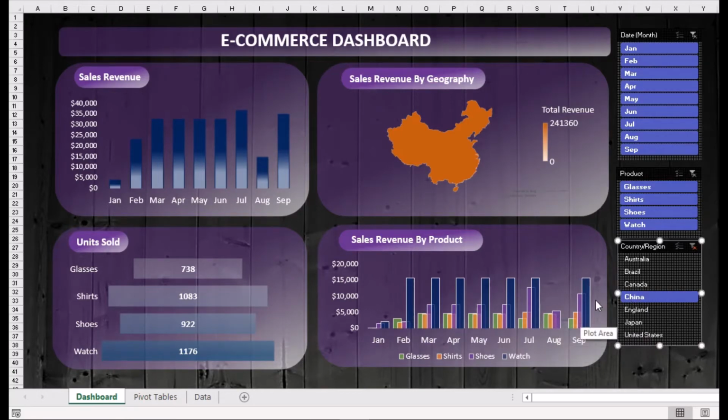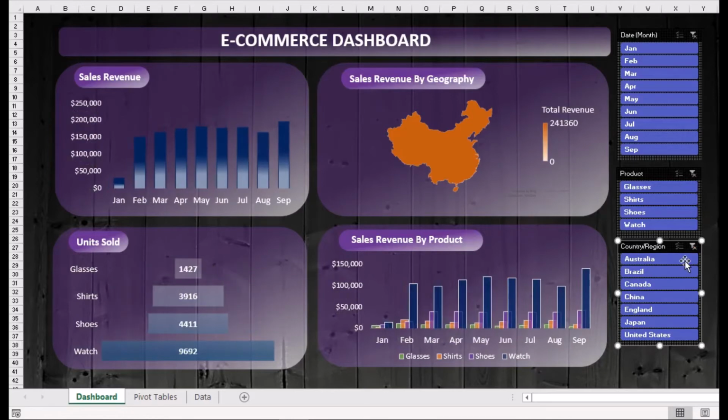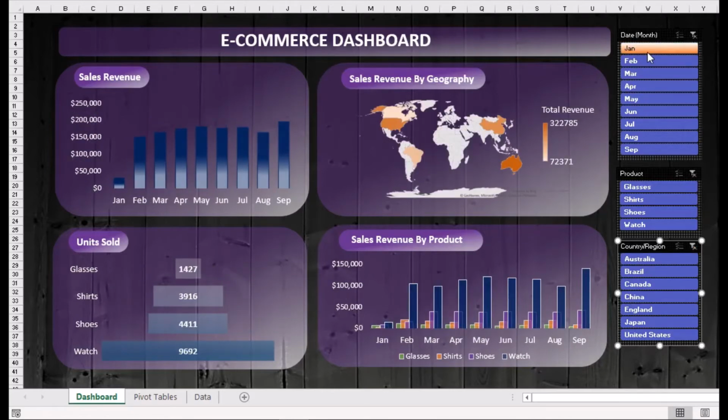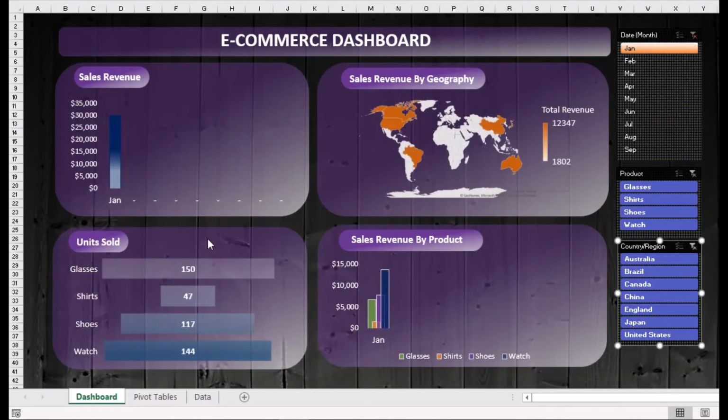Now let's filter the data by months. First, unfilter it. Alright, let's see the January stats. The sales revenue was around 30,000, and the glasses sold 150, 47 shirts sold, 117 shoes were sold, 144 watches sold, and the darker side represents 12,347.